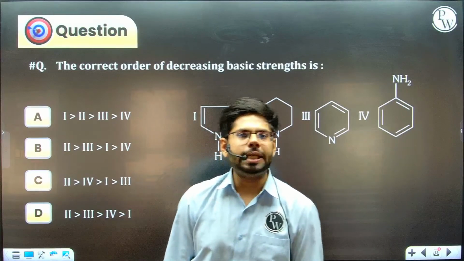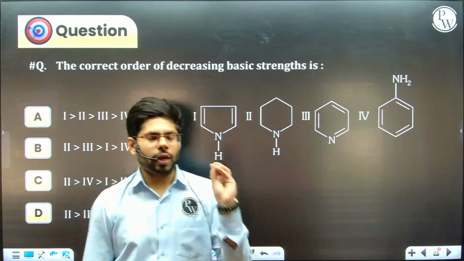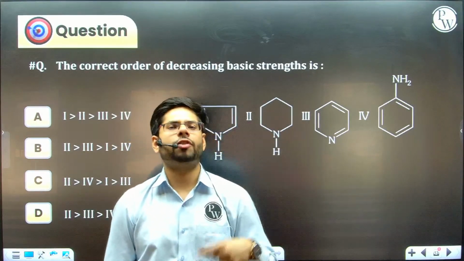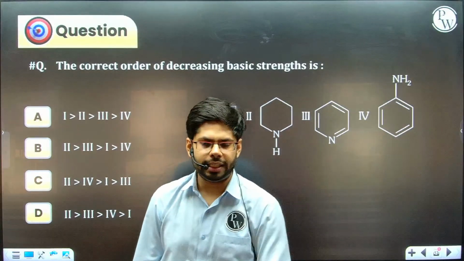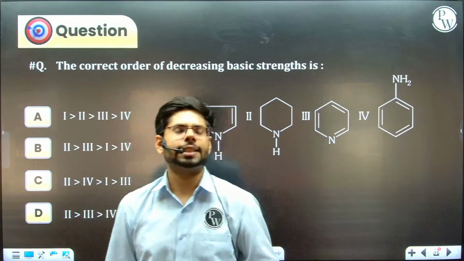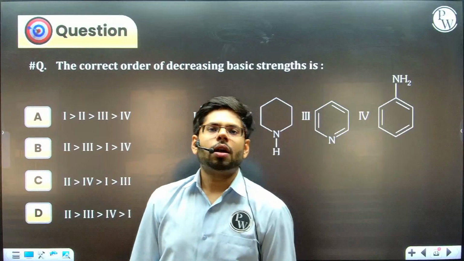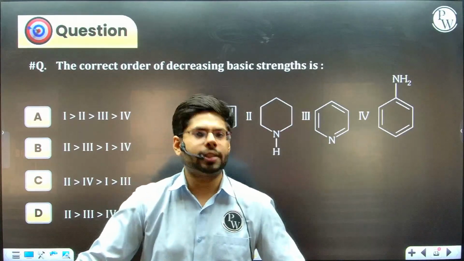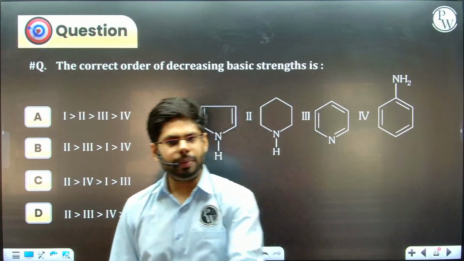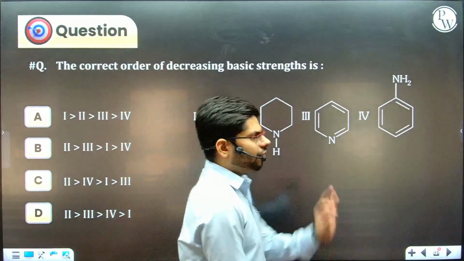It will not be easily donated to H plus. This is the concept. So I repeat, whenever the lone pair of the nitrogen atom is involved in resonance to a very great extent, the basic strength of the entire species falls. But if the lone pair of nitrogen is not at all involved in resonance, then the basic strength is going to be high. Okay, that is the first thing.